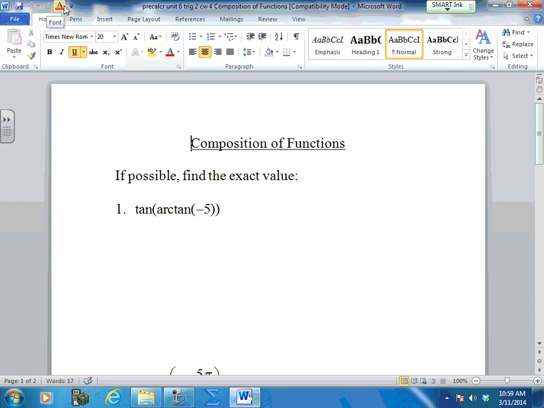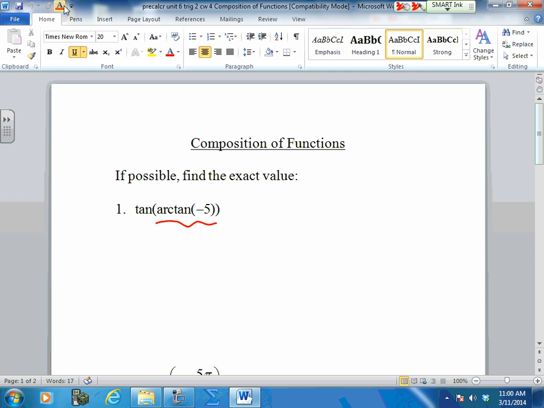So we locate this parentheses. What is that asking us to do? Inverse. Find an angle. Right? We're doing our true inverse. An angle, a restricted angle, whose tangent is -5. We just have to locate where this is first.